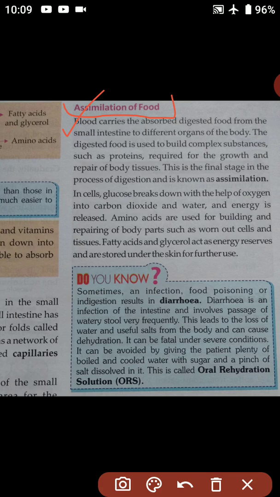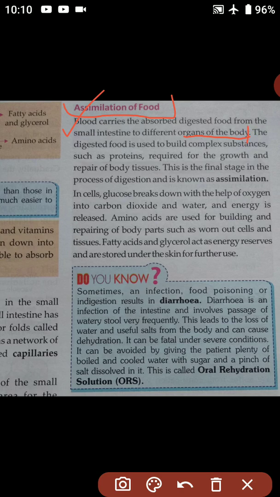Blood carries the absorbed digested food from the small intestine to different organs of the body. We already studied that blood will carry all the absorbed digested food from the small intestine to the different organs of the body.